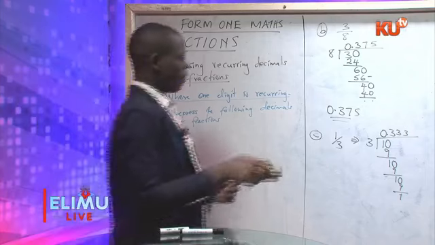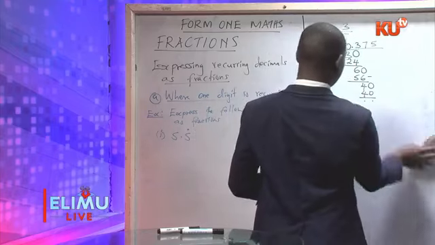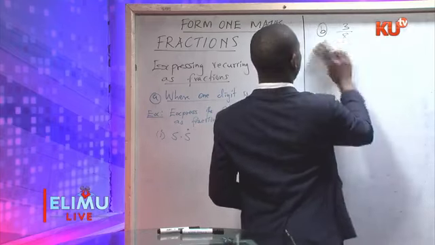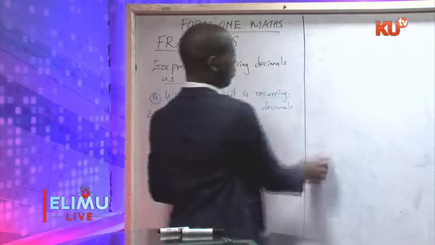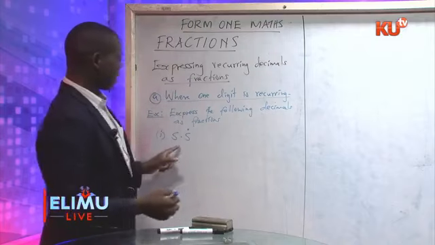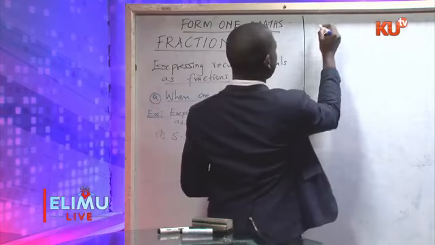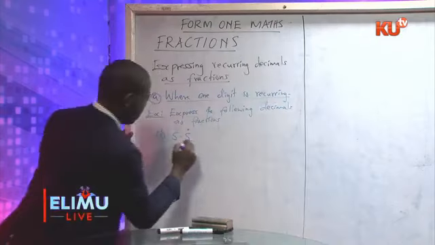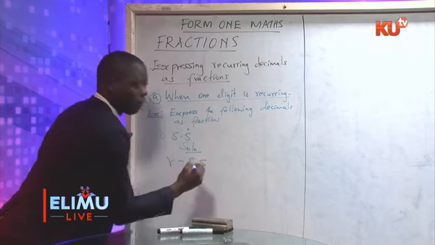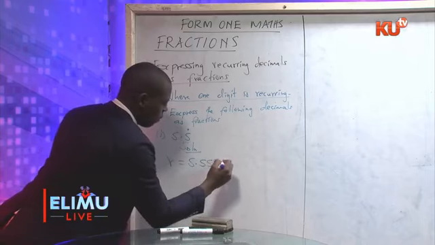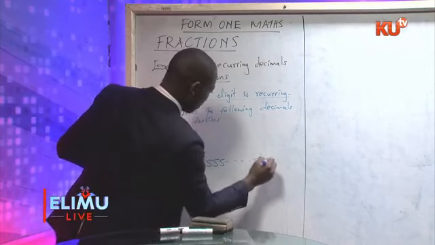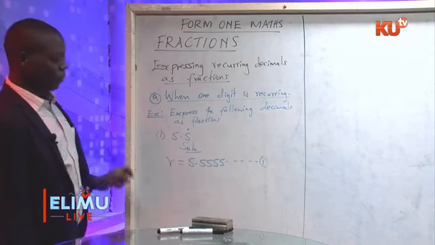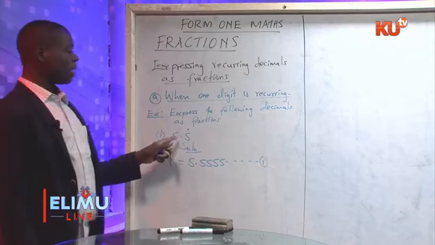The procedure for this is simple. What you need to do is write what we call a recurring expression or equation. Let our recurring decimal be R equals 5.555. You can write as many 5s as you want, and let that be equation number 1. Then number 2, ask yourself, how many decimal places are here?